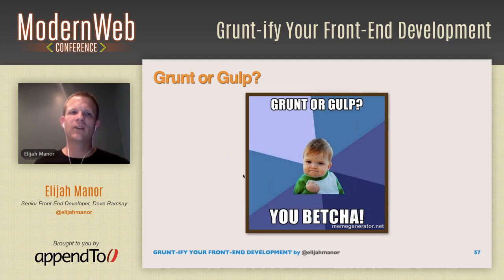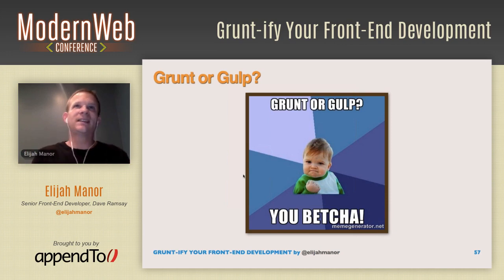Historically, things were kind of done in Grunt first, but then almost immediately a Gulp plugin would be made that does the same thing. When it comes down to it, both Grunt and Gulp, for the most part, that's not where the work is done. The work is actually done in a low-level node package.